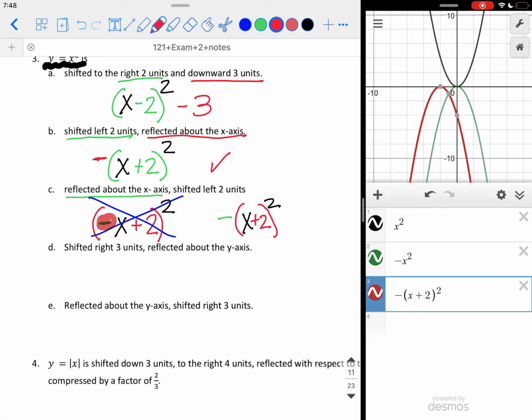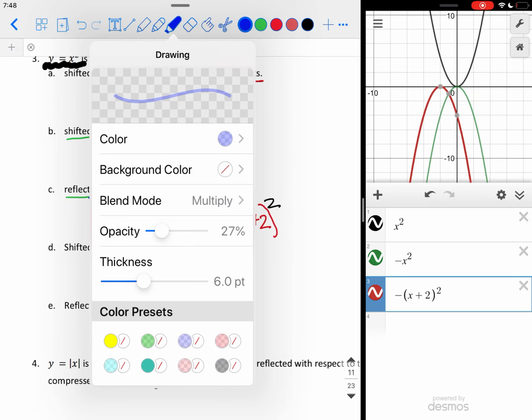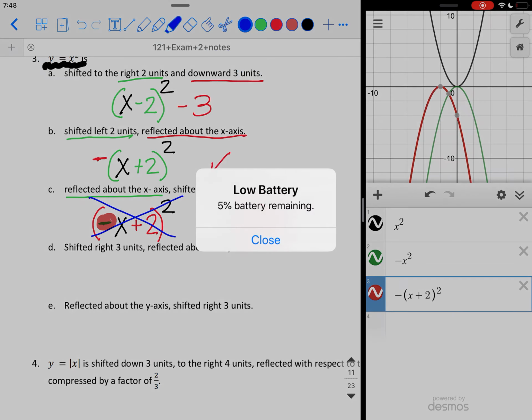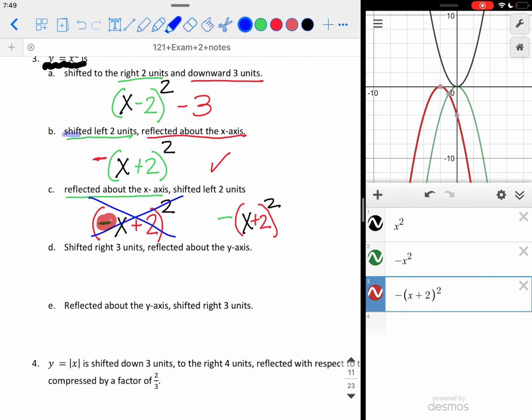Now, take notice. Let me highlight somehow here. Shifted to the left 2 units, and then this one is shifted to the left 2 units. And then this one is also reflected about the x-axis, and this is reflected about the x-axis.